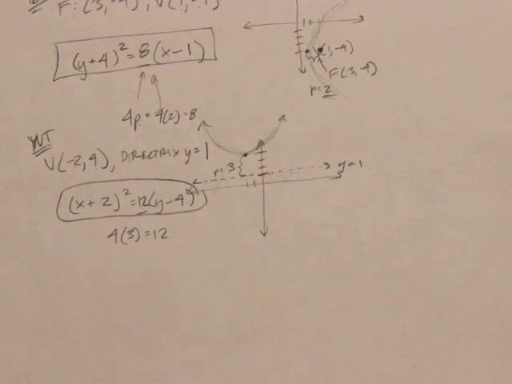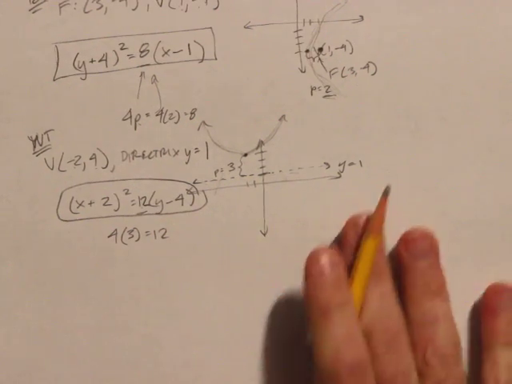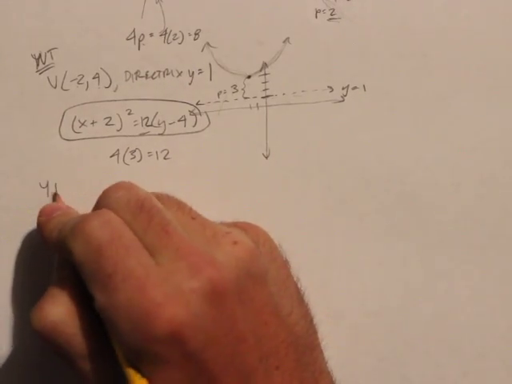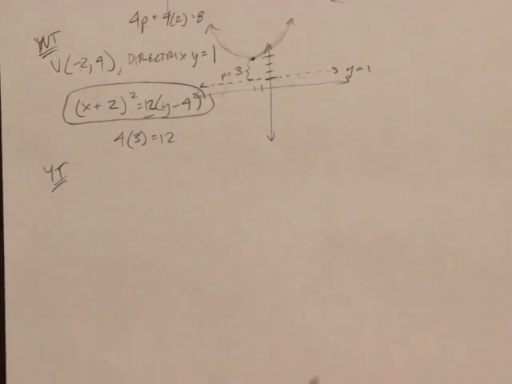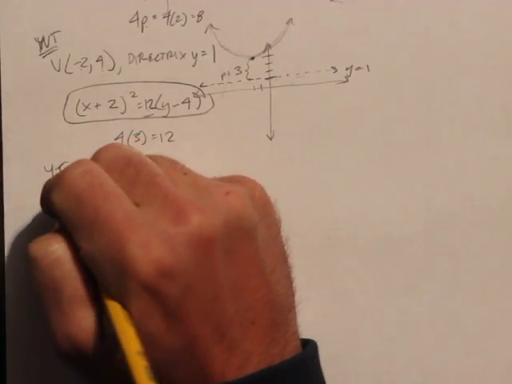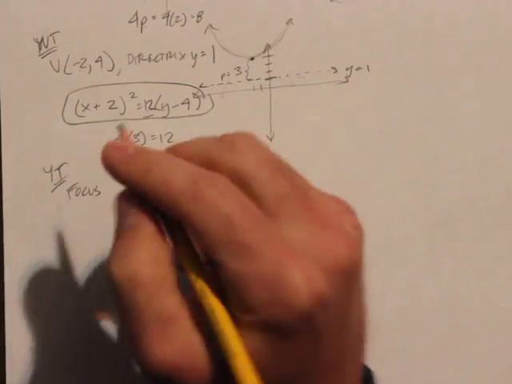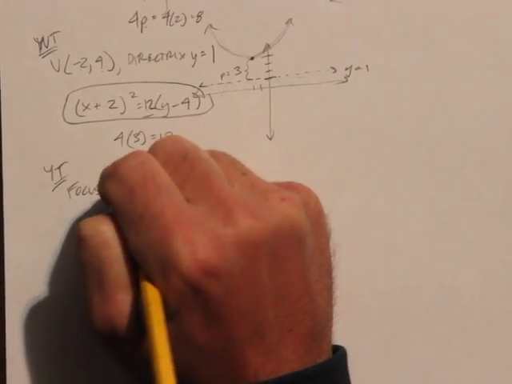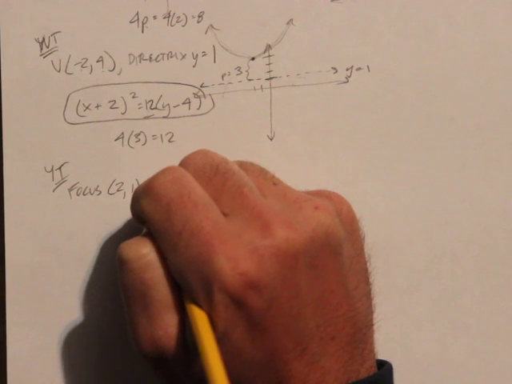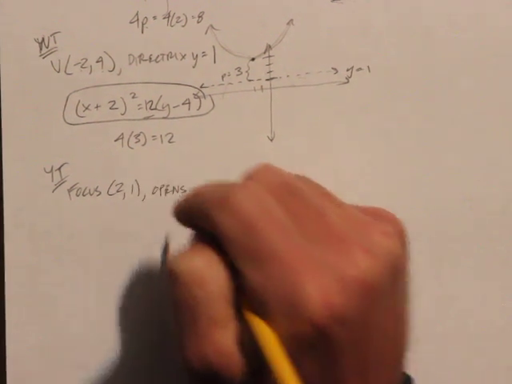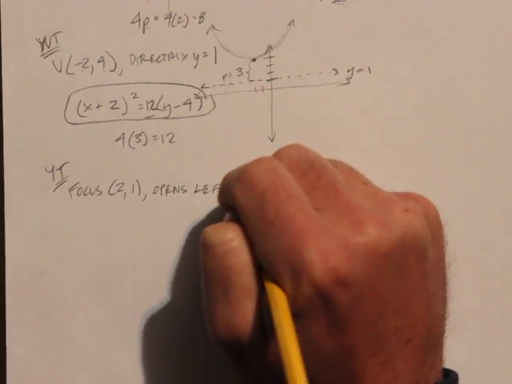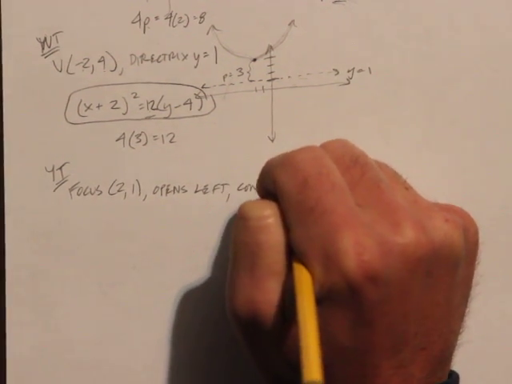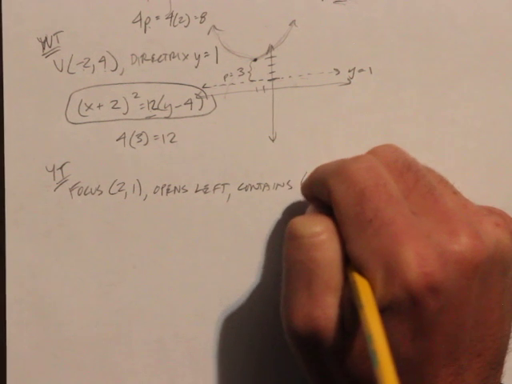All right, let's do one more. And this one, I'm going to give you a chance to pause and do the work yourself. My focus is (2, 1). It's going to open to the left and contains (2, 5).